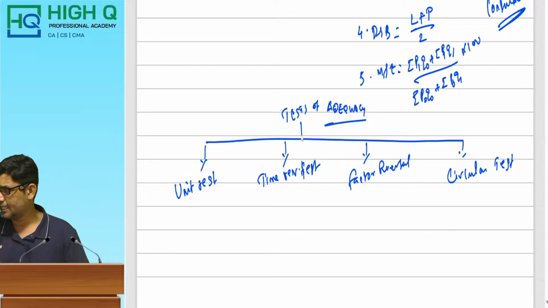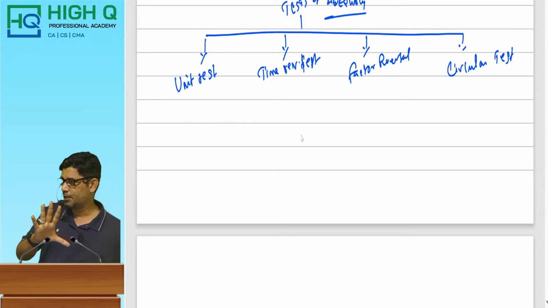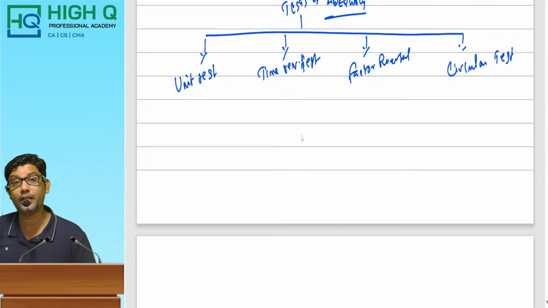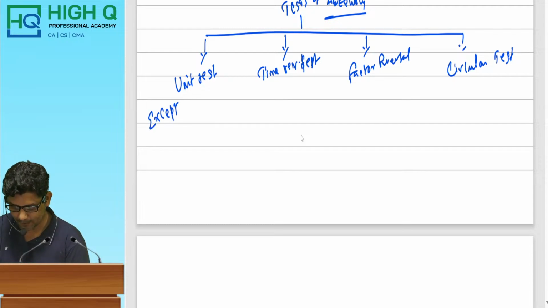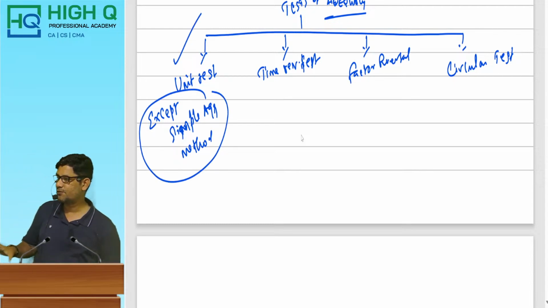Now, there are 4 tests of adequacy we have got. It can come in the examination, so please don't ignore this, okay? What is meant by unit test? See, any index number, if it is a perfect index number, it should be unit free. But except the simple aggregate method formula, rest all will satisfy the unit test.